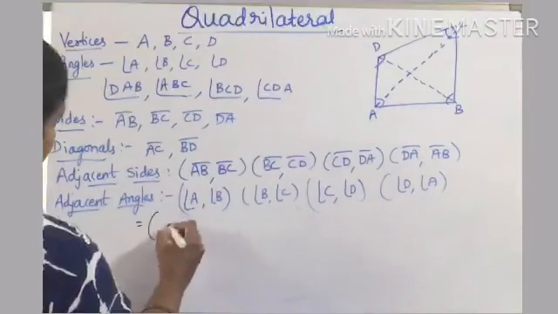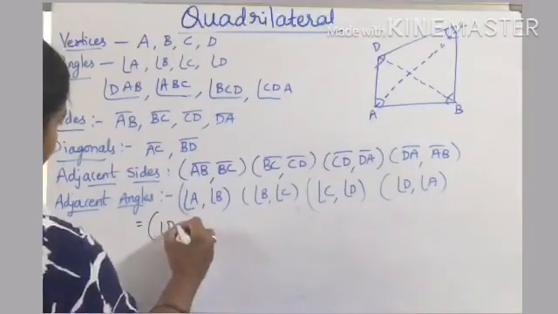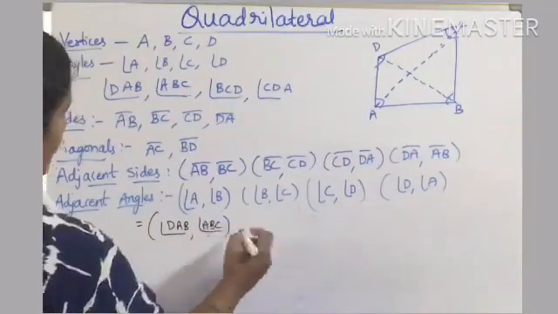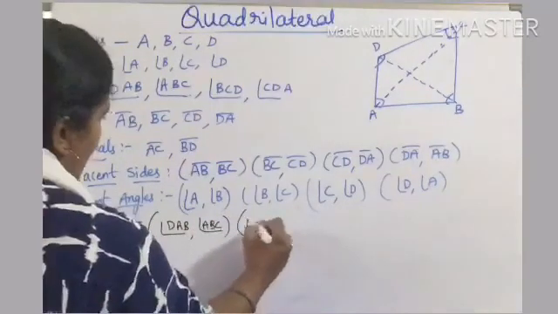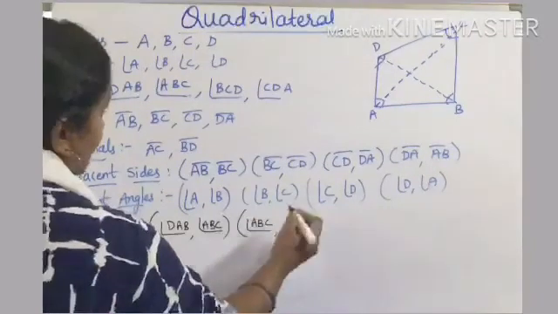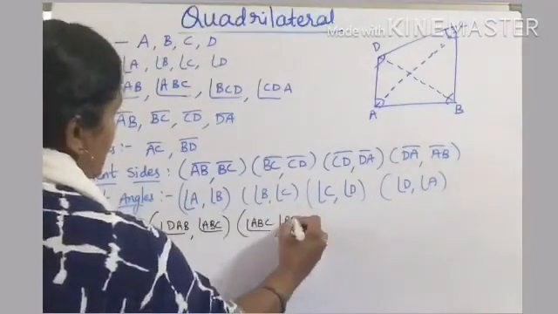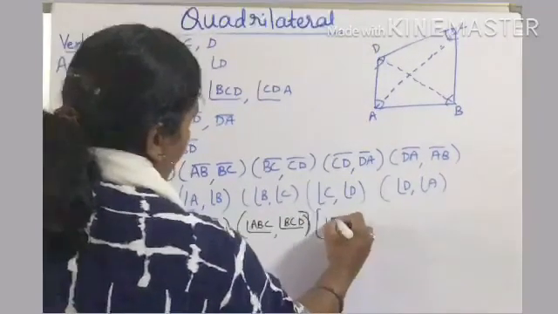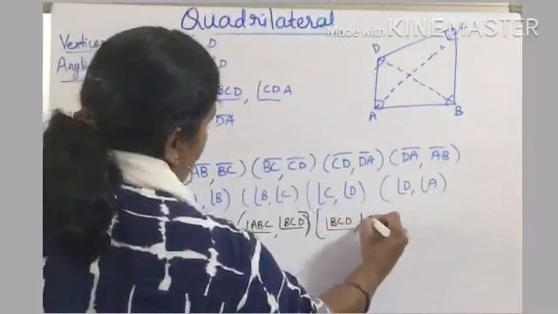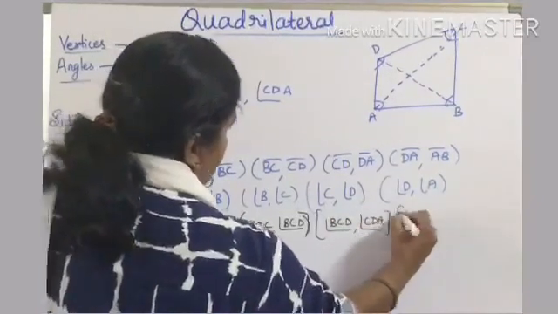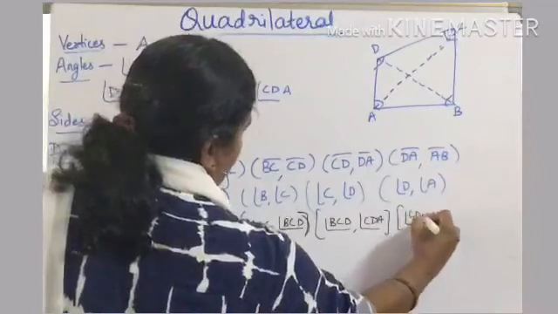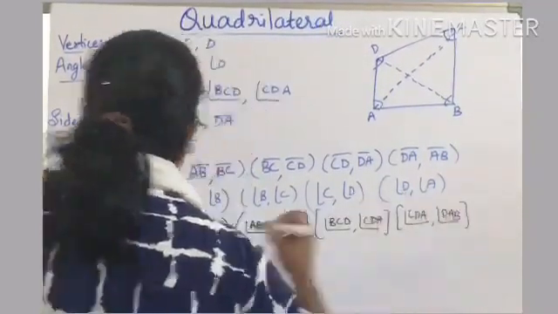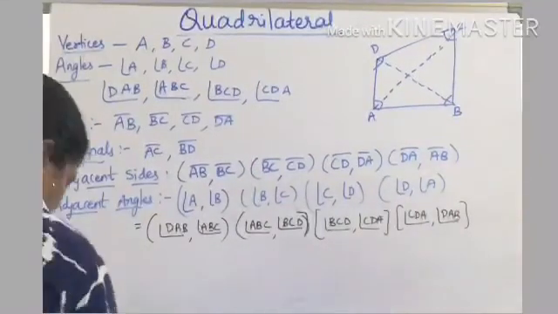Angle A can be written as DAB. Angle B can be written as ABC. Angle C can be written as BCD. Angle D can be written as CDA. So in total we are going to get four pairs of adjacent angles.